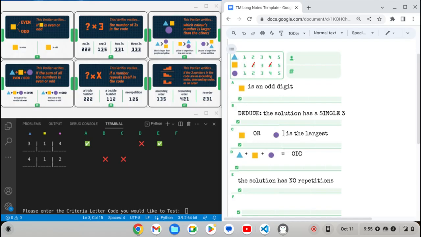So we definitely have a 3. So there are no other 3s, but obviously we don't know where the only 3 goes. It would be interesting if either triangle or circle were 3.